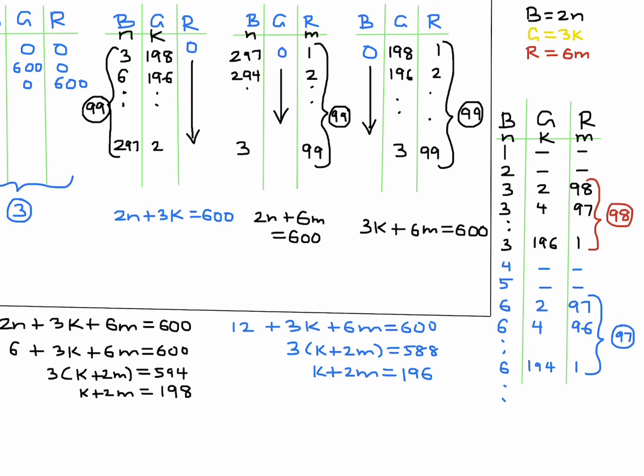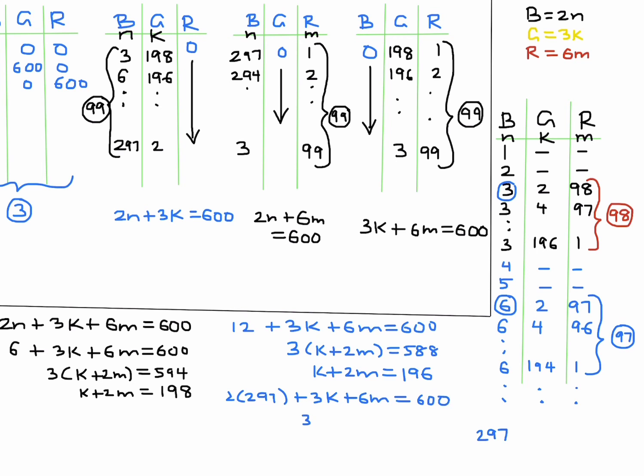Dot, dot, dot. Right? And then at the very end, as you can see, the values for n, 3, 6, they're going up by 3. When you keep going, you get to 297 for n. So when n is 297, it becomes 2 times 297 plus 3k plus 6m is equal to 600.